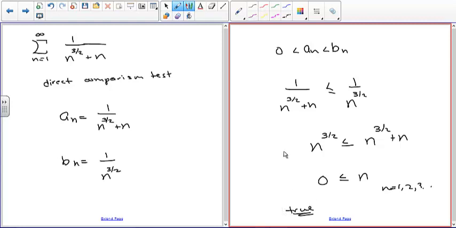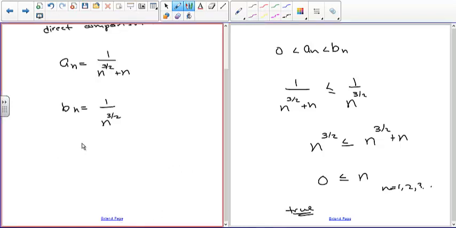So hopefully this converges, and in some ways you'd actually choose this to know it's going to converge. So once you've satisfied that, then you look at the convergence of b sub n. I would say b sub n is a p-series with p equal to 3/2, which is greater than 1.